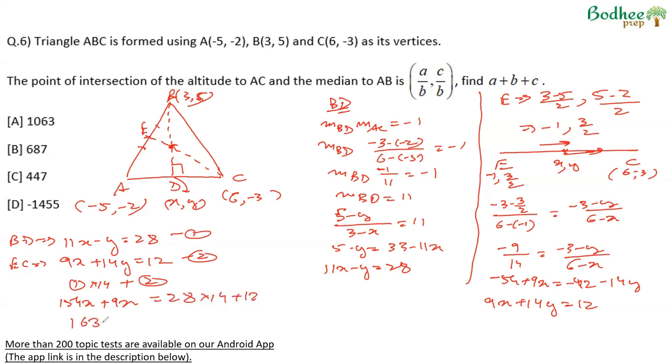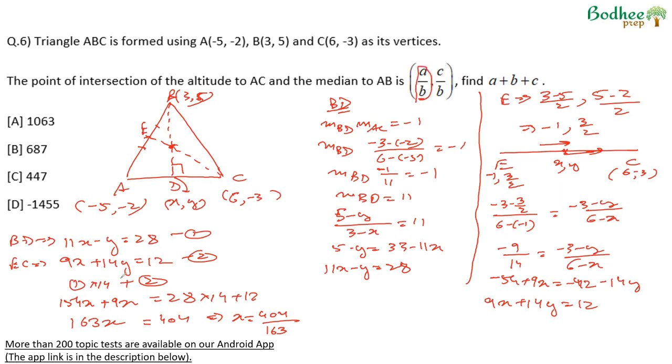This becomes 163x, from 154 plus 9, equal to 28 into 14, which is 14 into 14 into 2, 196 into 2, 392, plus 12, 404. So x comes out to 404 upon 163. This will be the value of x, a by b.